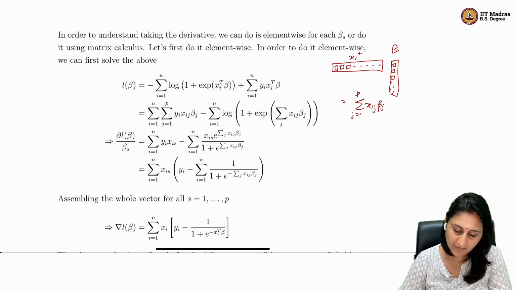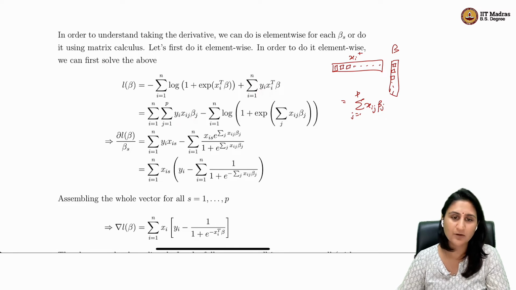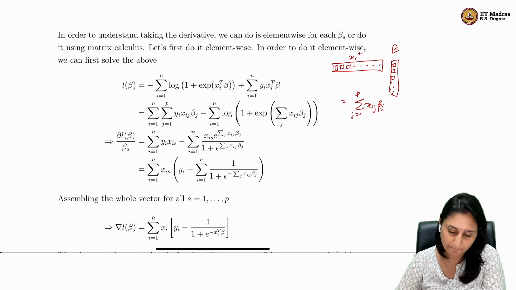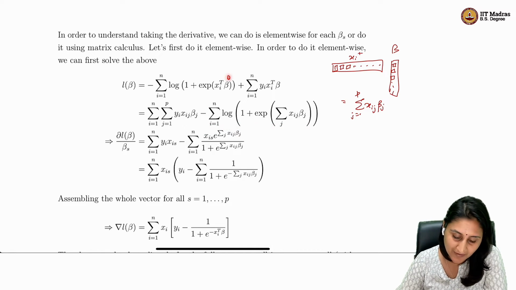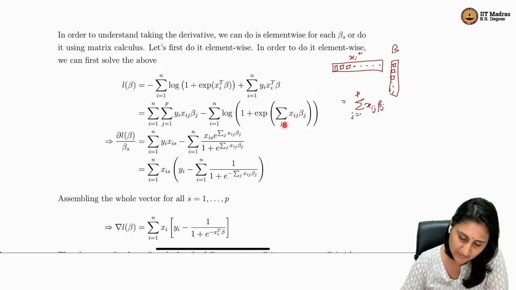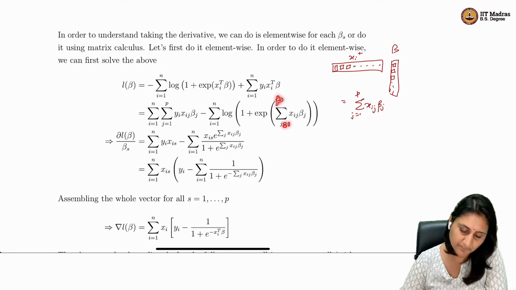So I can rewrite that over here like this, where I get yi xij beta j, i going from 1 to n, j going from 1 to p, okay? Minus summation i going from 1 to n, and the same expression here, except again I can open xi transpose, right? And I get j, where this is inherently going from 1 to p.